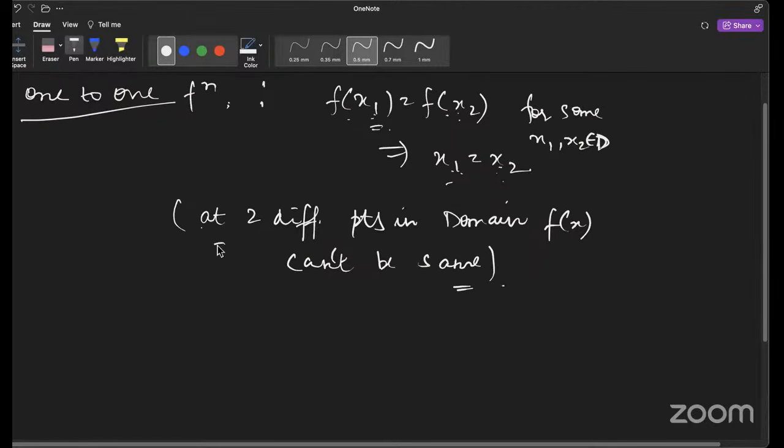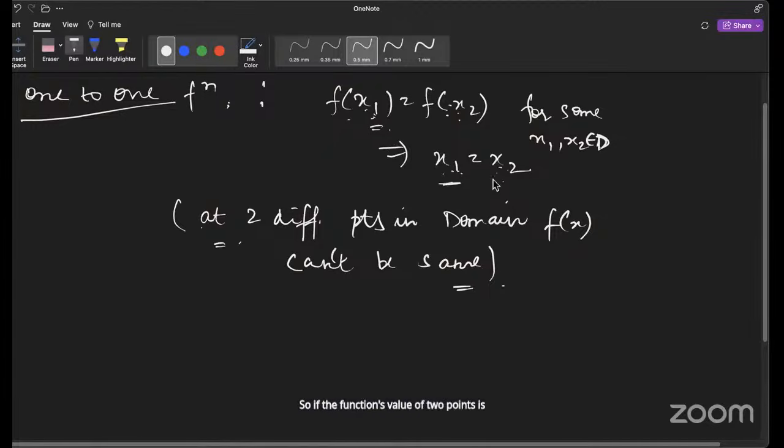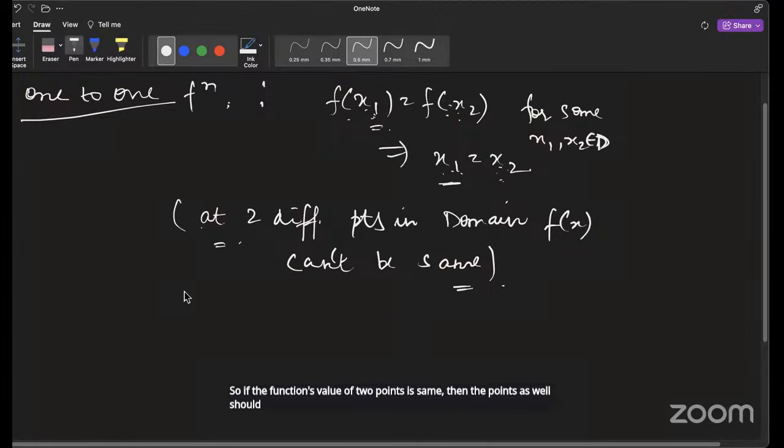In simple words, by definition, if at 2 points you get the same value, your points should be same.